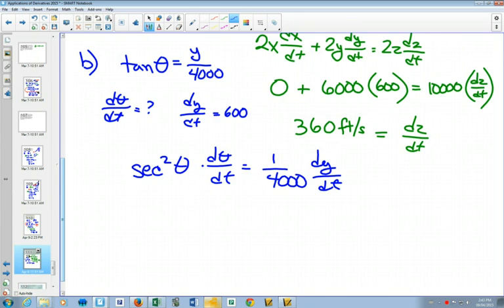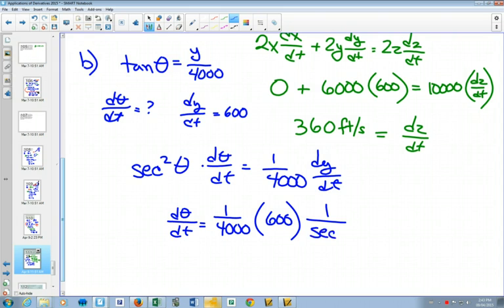So to get d theta dt by itself, 1 over 4,000, we know dy dt is 600. And we would have to multiply by 1 over secant squared, or divide everything by secant squared.